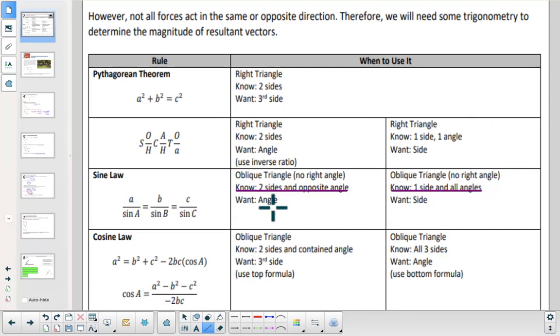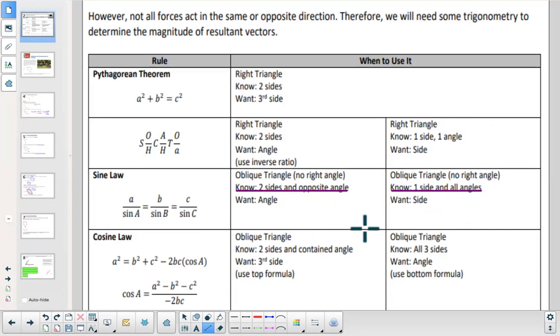So whether you are given two sides and an opposite angle, one side and all angles, the sine law is expressed if you want to solve for an angle. The sine law is used when you have one side and all angles if you're looking for a side.